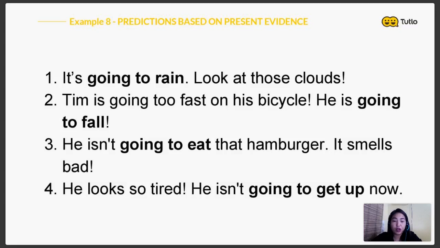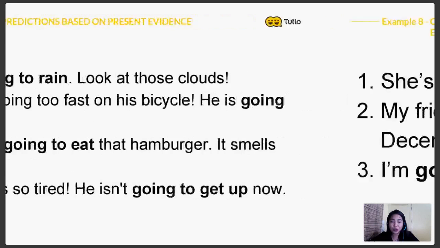Okay. We also have to remember that there are certain verbs or actions or situations that cannot be used with the present continuous with future meaning. Why? Because they are not part of a plan or an arrangement or an intention. Okay, I will show you some examples right now.